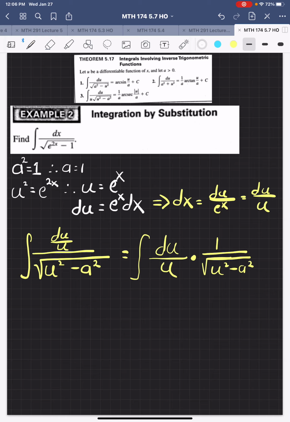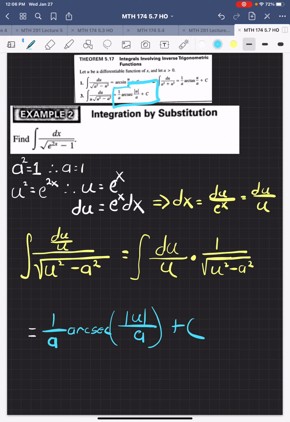But this type of manipulation allows us to jump right to the result. The result, the use of this arc secant, is 1 over a arc secant of the absolute value of u over a plus c. And so we get to jump right to that integration formula.